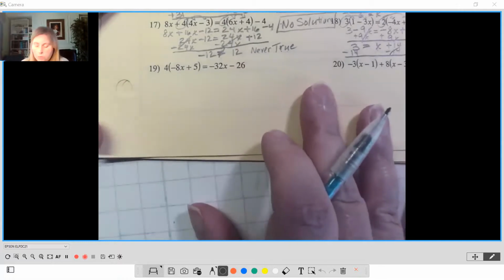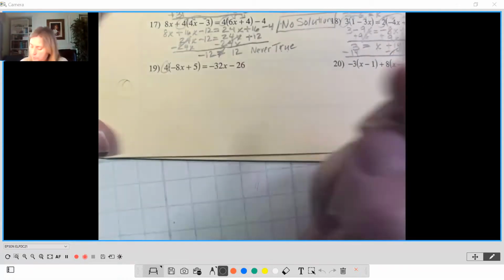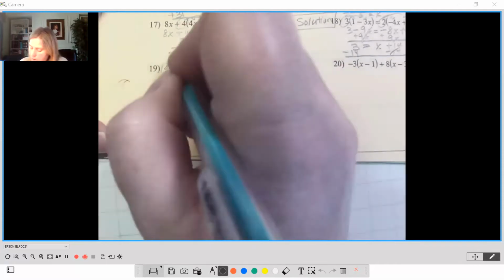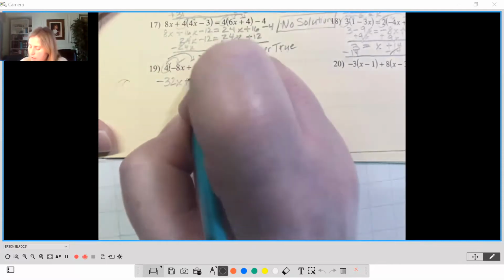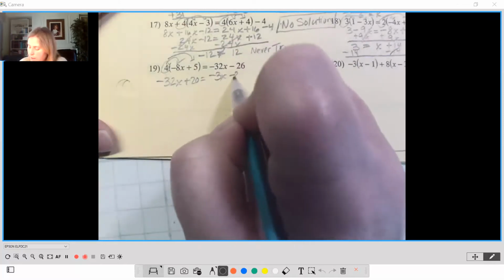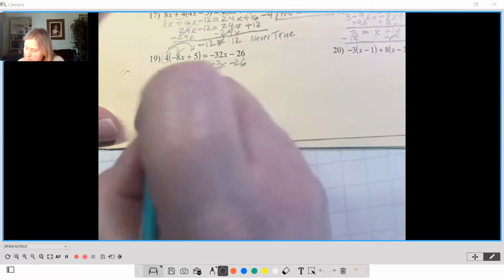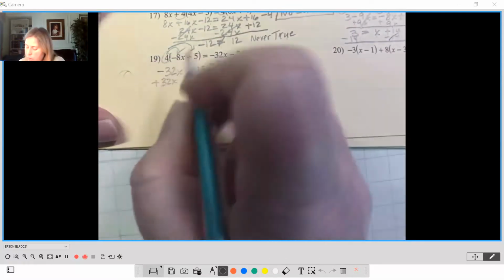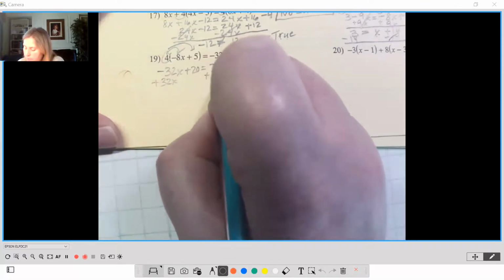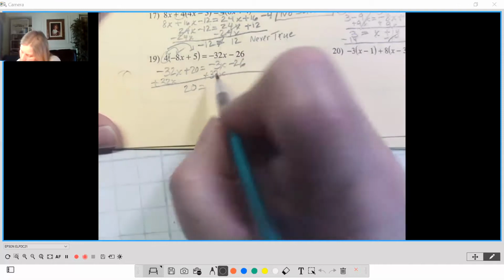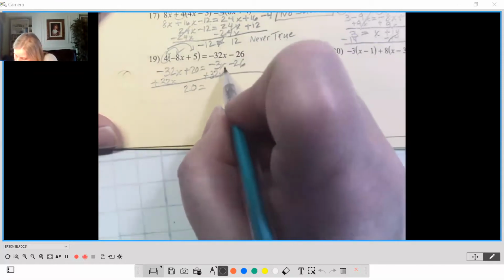Number 19, we have the 4 that we're distributing. 4 times negative 8x is negative 32x. 4 times 5 is plus 20. Bring down the equals, negative 32x minus 26. And then we want to get all of our x's together, so let's add 32x to each side. This gives us 20 equals, we have, oops, I didn't copy that correctly.